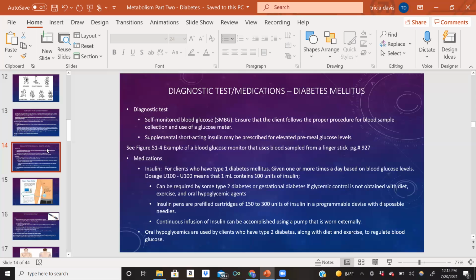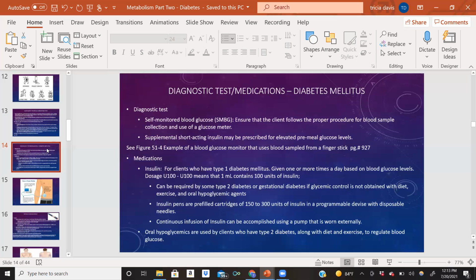Every patient is different, and every treatment option is specialized just for that patient. So usually what we give is a dosage called U100 insulin, and what that U100 means is that every 1 ml of insulin in the container contains 100 units of insulin. And we're going to talk more about the insulin delivery systems too.